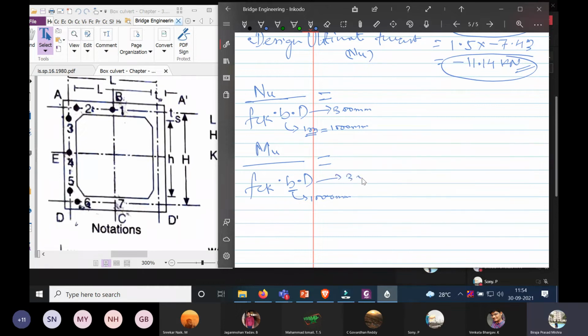And FCK is 20. Now do the calculation and find out the value of these two ratios.